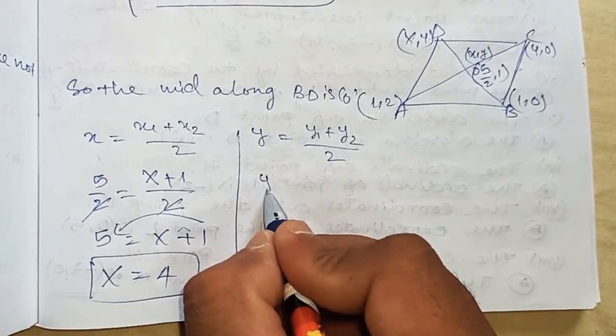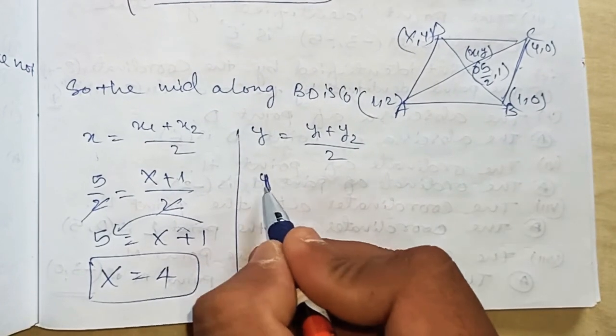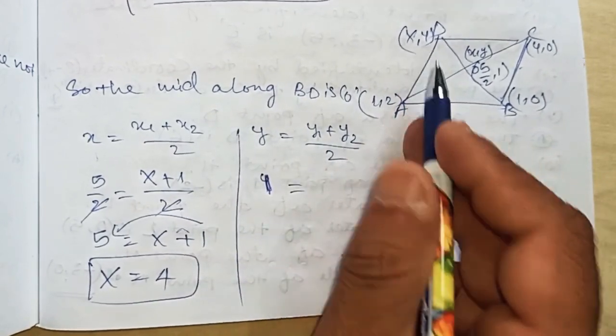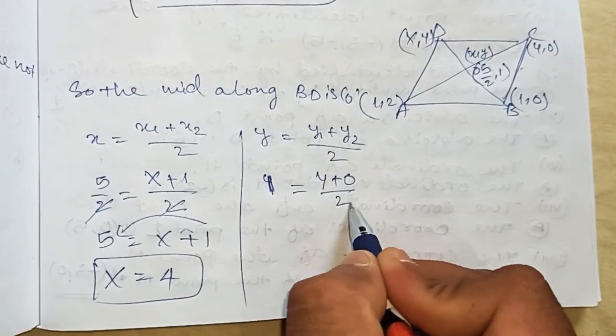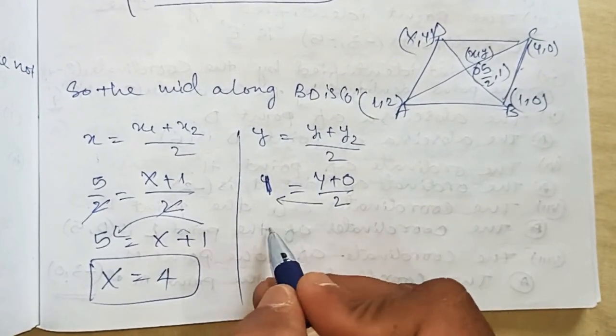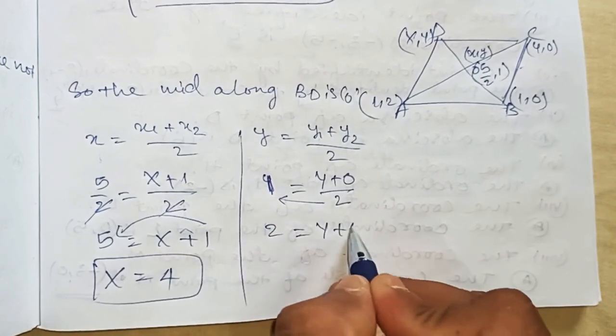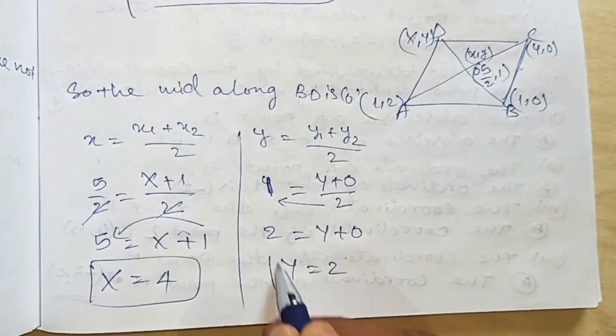Similarly y. Y is 1. 1 equals to y1 is y plus y2 is 0, by 2. Multiply 2 here. 2 ones are 2. Y plus 0. So y equals to 2.